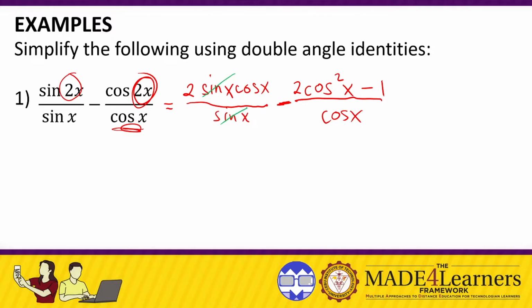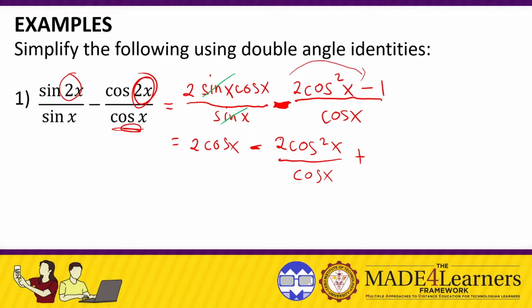Then we will have 2 cos x minus, and we can separate, 2 cos squared x all over cos x. Take note, this is a minus sign, so it will be distributed, giving plus 1 over cos x.